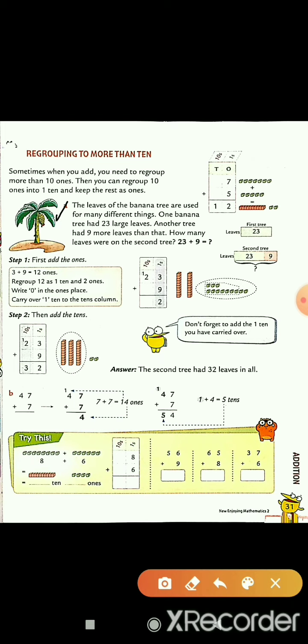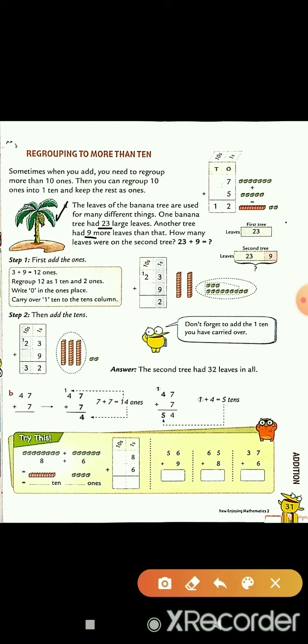The leaves of the banana tree are used for many different things. One banana tree had 23 large leaves. Another tree had 9 more leaves than that tree. How many leaves were on the second tree?